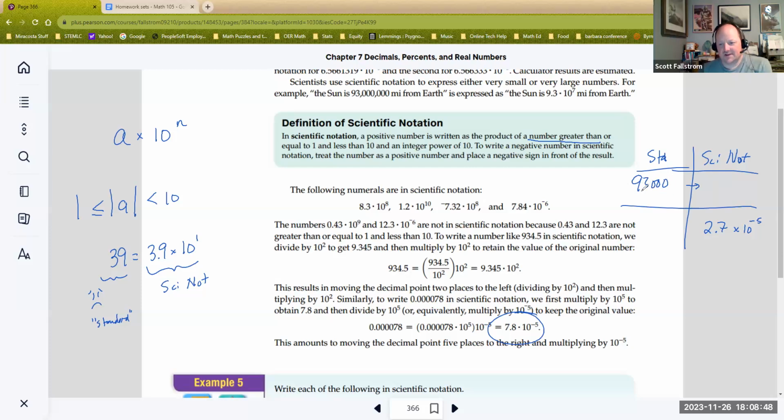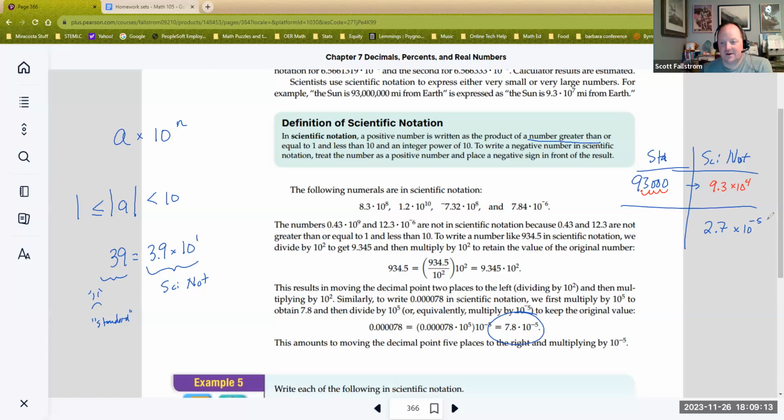So where would you put the decimal? You'd have to put the decimal here. So your scientific notation would be 9.3. And then you just have to think about how many places you actually had to move the decimal to get it back. So 1, 2, 3, 4. So this would be times 10 to the 4th, because I'd have to move it that far to get it back to where it was.